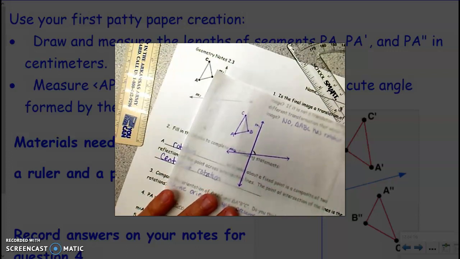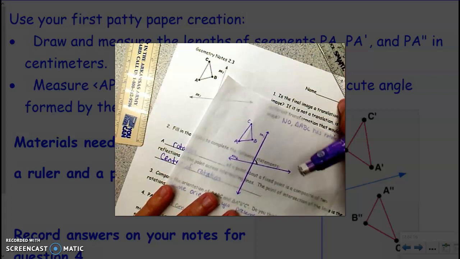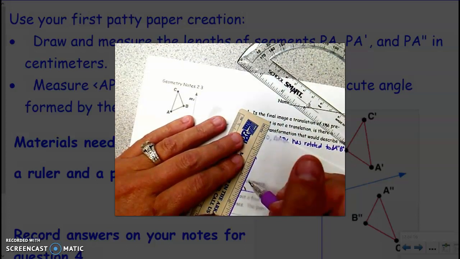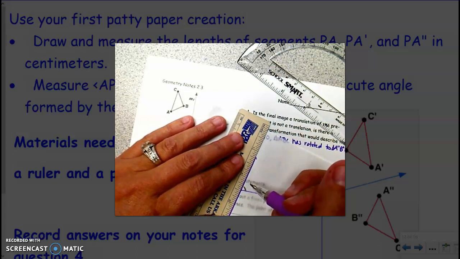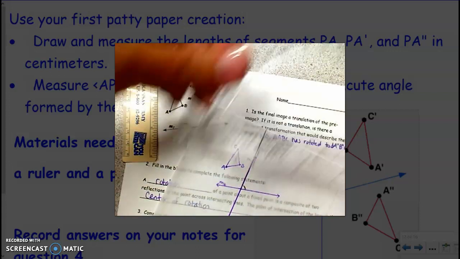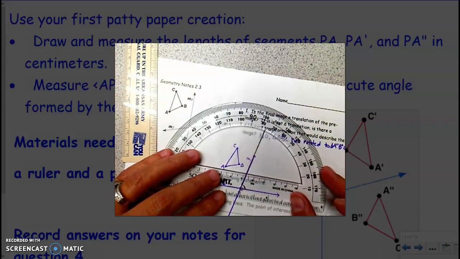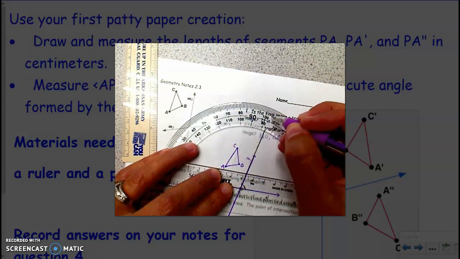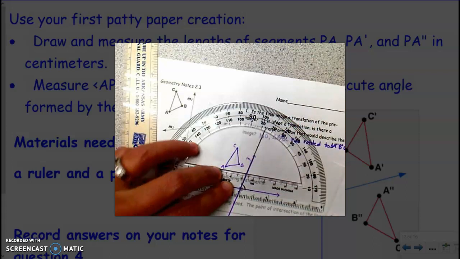And I'm going to have to extend one of the sides out so that I can measure it. So I'm going to extend this one out just a little bit. And then I can line that up on that intersection. And that looks like about 76 degrees.